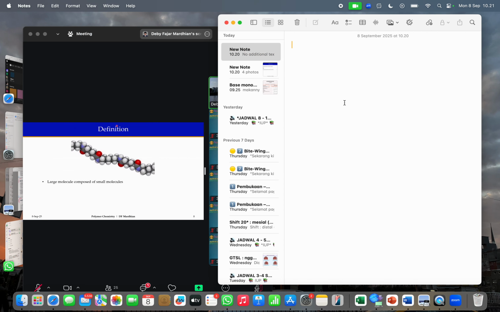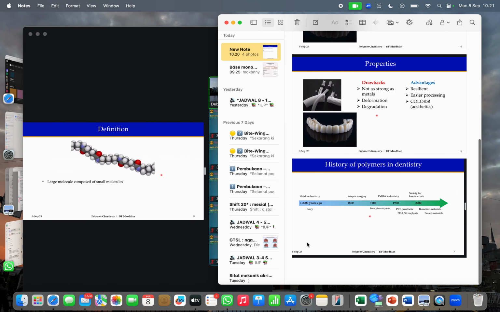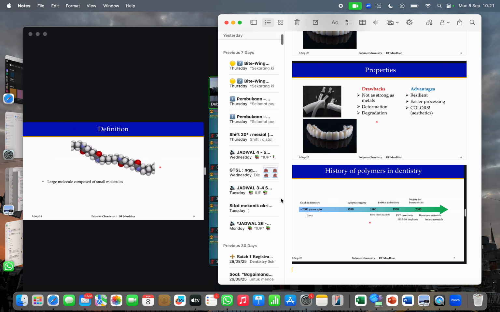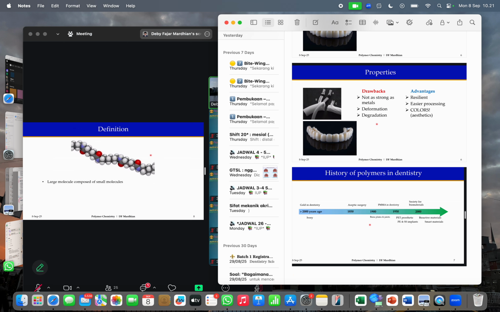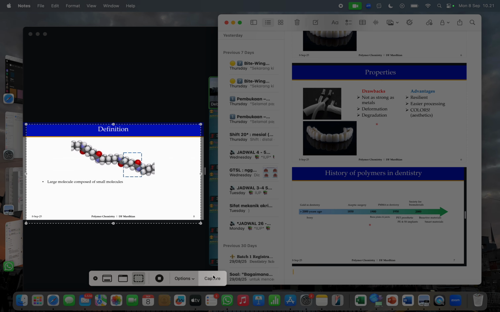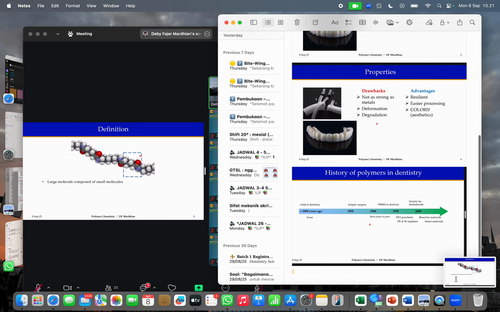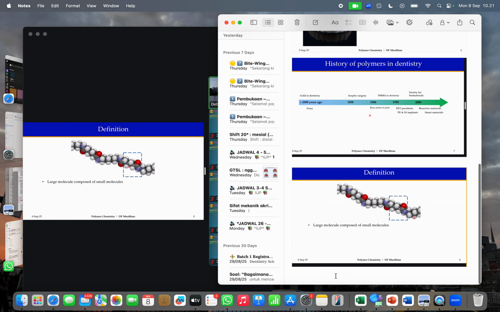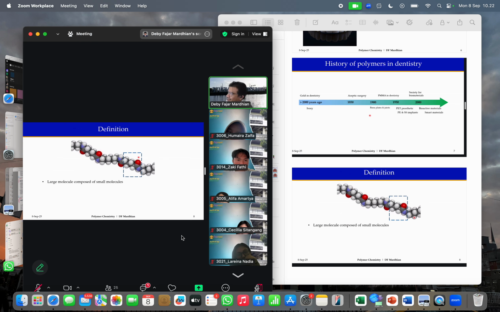And if we look at this image, we can recognize the monomer. The monomer of this polymer is like 1, 2, 3, 4, 5. What is it? C5 is pentane.